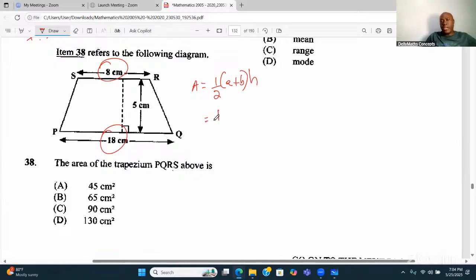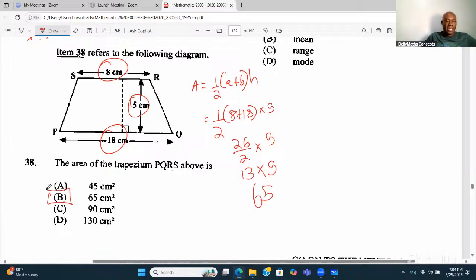So basically, we're talking about 8 plus 18, and then you divide that by 2, and you want to times it by the height, which is 5. So 8 plus 18 is 26. So basically 26 divided by 2 times 5. 13 times 5 looks like 65. And so the answer is B, as you could see. So for 38, the answer is B.